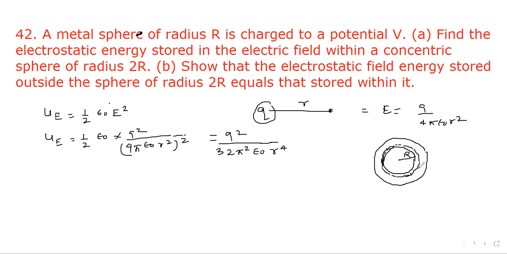So here the situation is capital R is less than small r is less than 2r. Now this goes r and its thickness dr. Let's find its volume. So volume, suppose it is dV. So it will be area 4 pi r square times thickness dr.